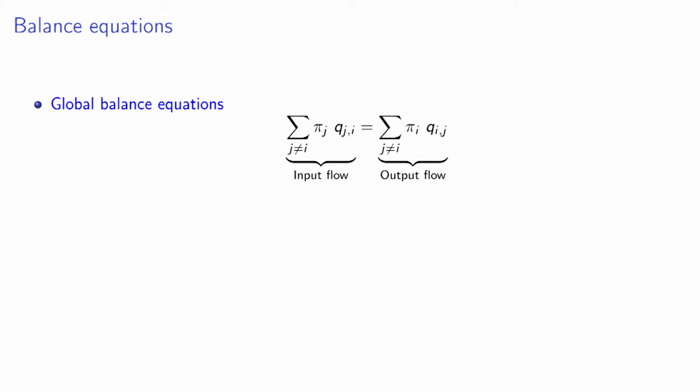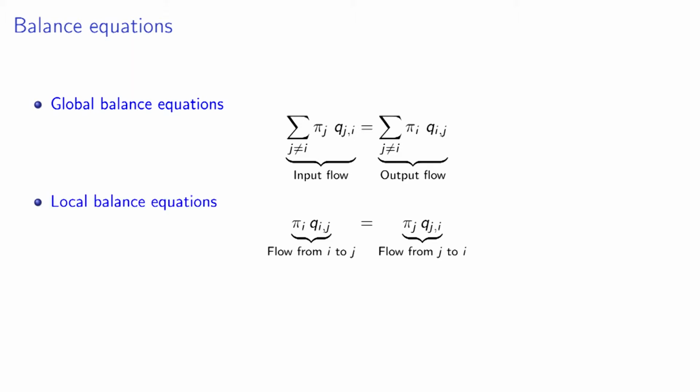The global balance equations are equivalent to the equality of the global input flow into state i and its global output flow. For local balance equations, we only consider local equilibrium between two states. The local balance equations are satisfied if, for any pair of states i and j, the flow from i to j is equal to the flow from j to i.